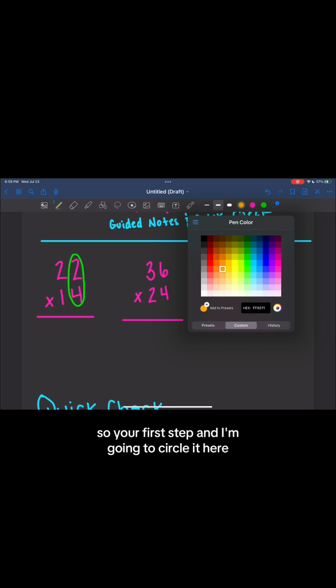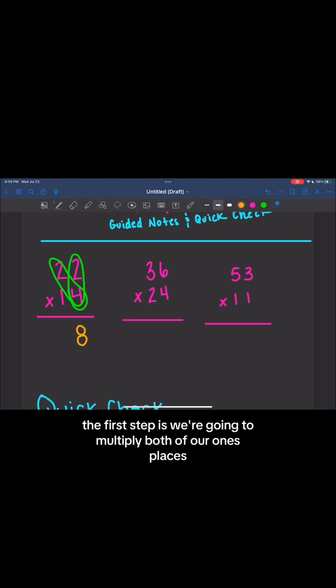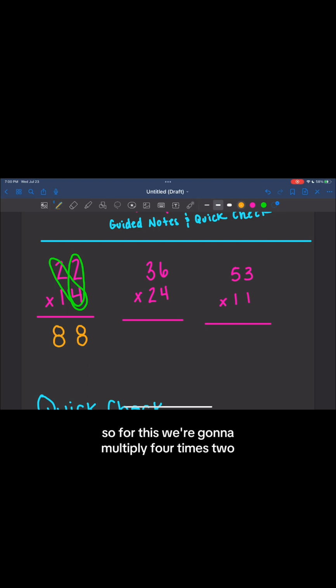Your first step is to look at our ones place. That's always the first step: we multiply both of our ones places. So we multiply 4 times 2, which is 8.